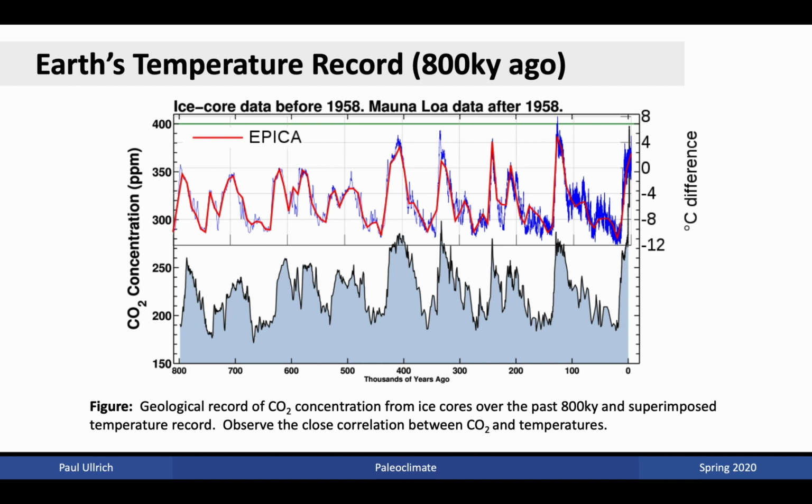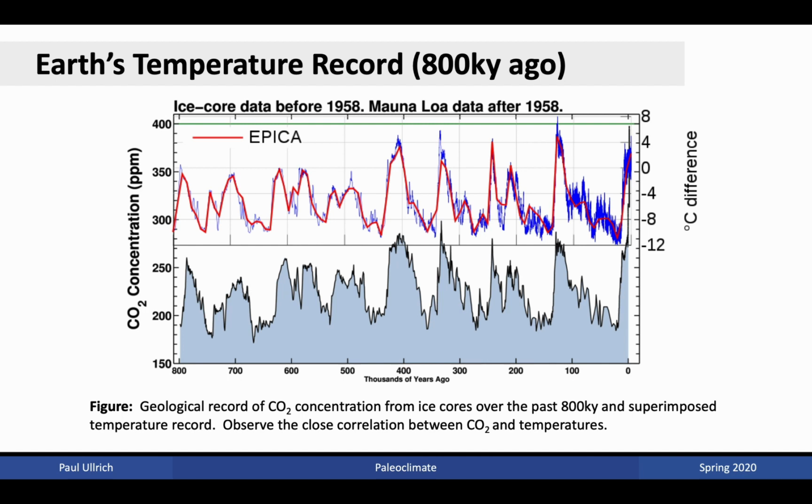Namely, during periods of high carbon dioxide concentration, we had these interglacial phases associated with relatively warm temperatures. On the other hand, lower carbon dioxide concentrations are associated with the glacial phases, or lower temperatures.